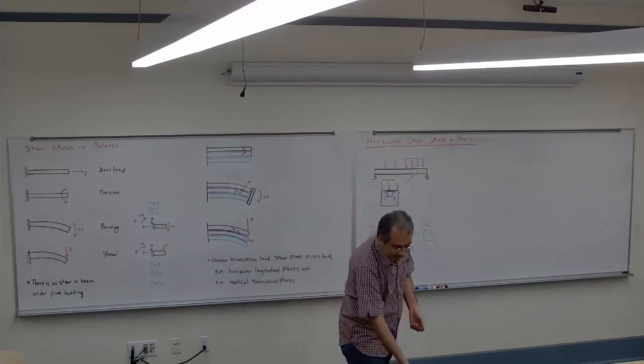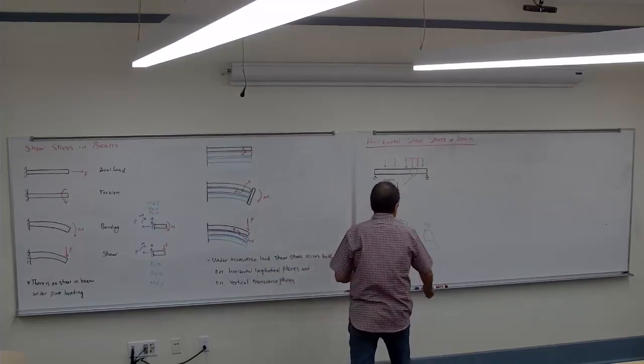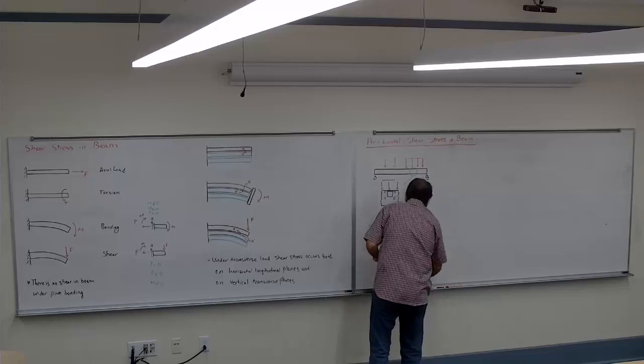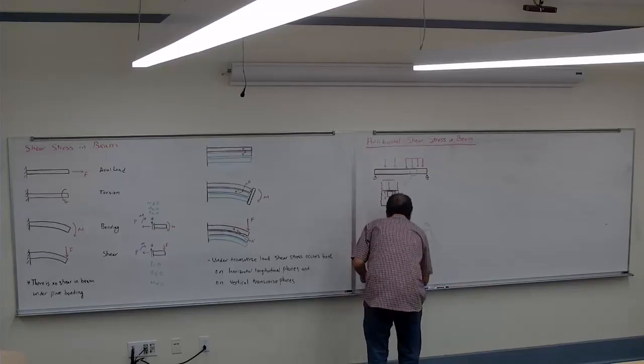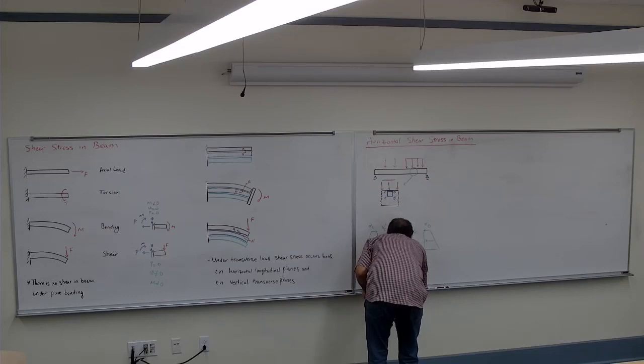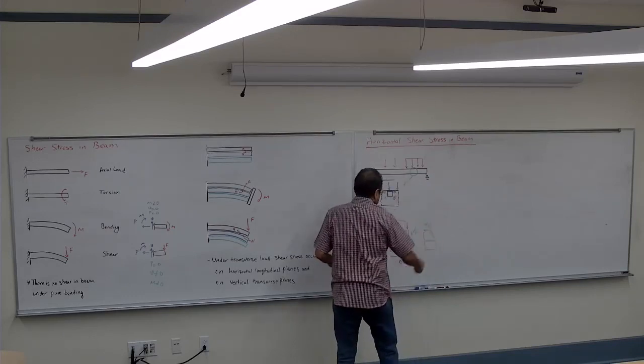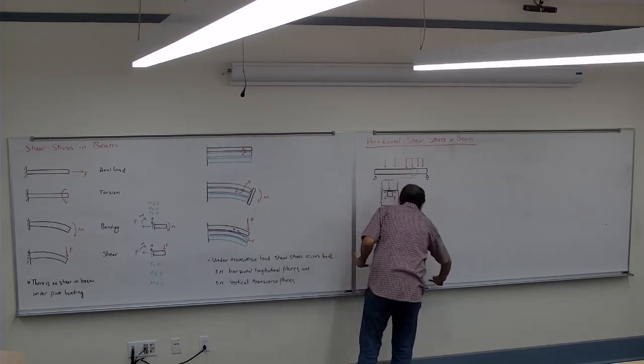So to make it in equilibrium, I am going to have to put some force there and call it delta H. So I need some force here to balance the horizontal force for me.